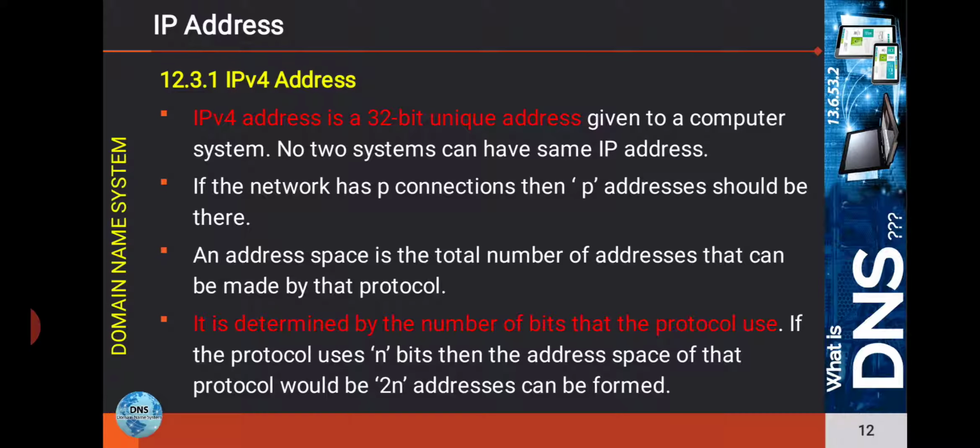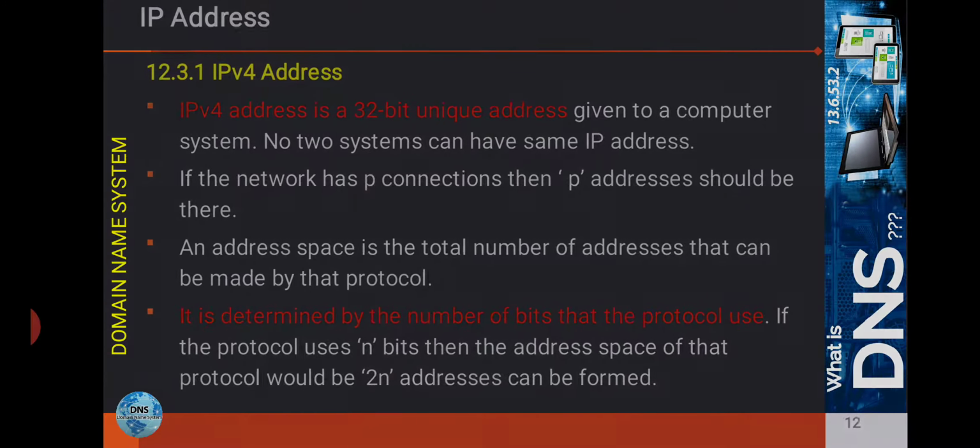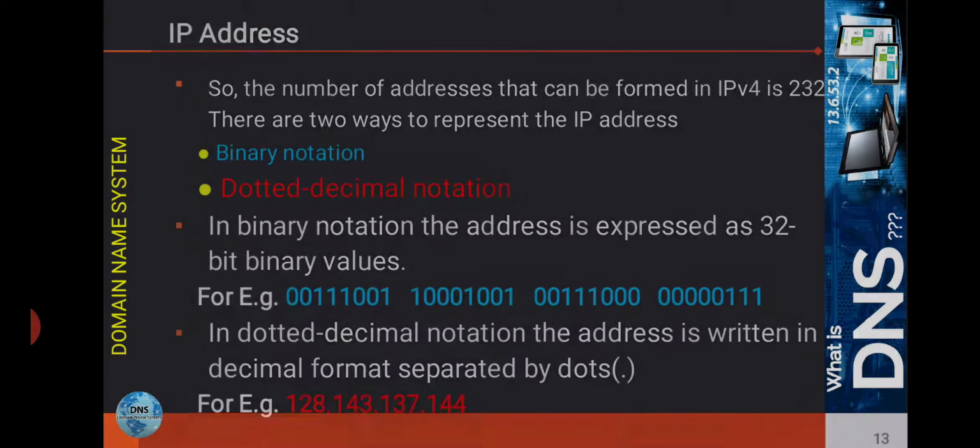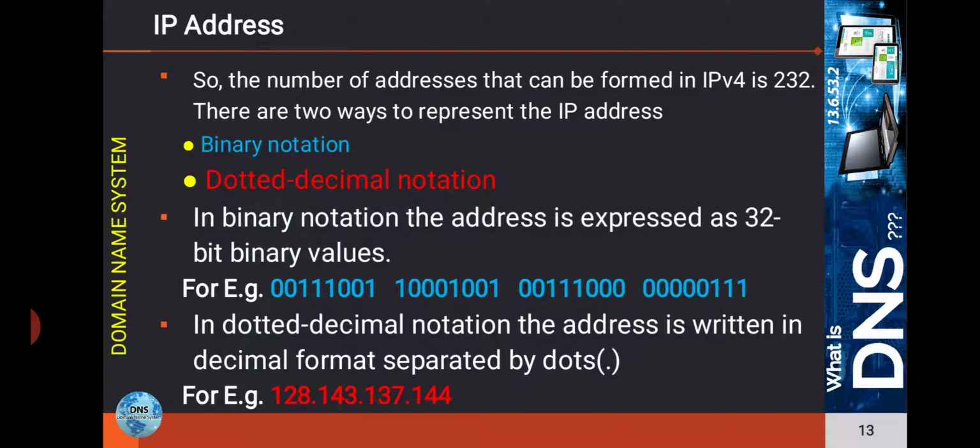So it is determined by the number of bits that the protocol uses. If we have n bits, then there should be 2 power n addresses. So the number of addresses that can be formed in IPv4, which is 32 bits, is 2 power 32.